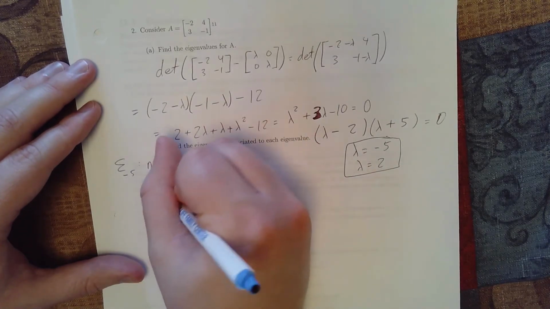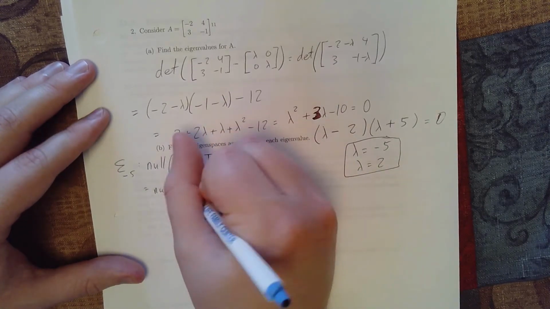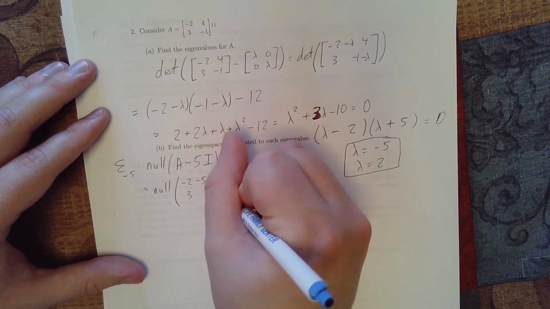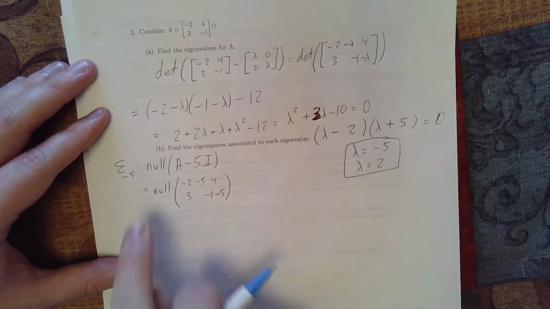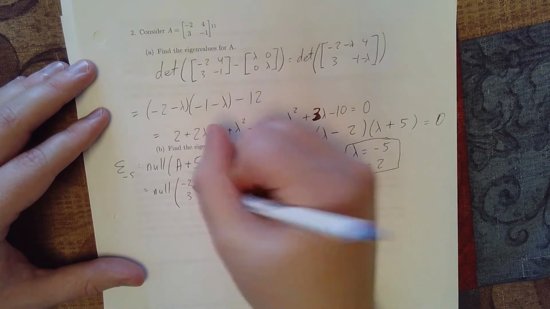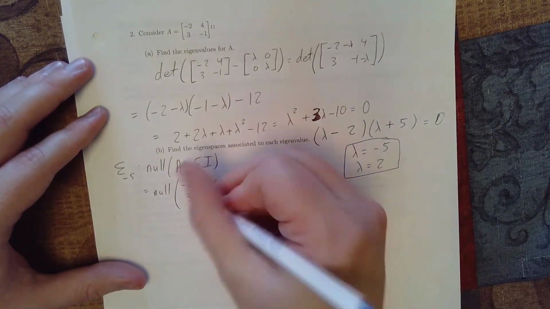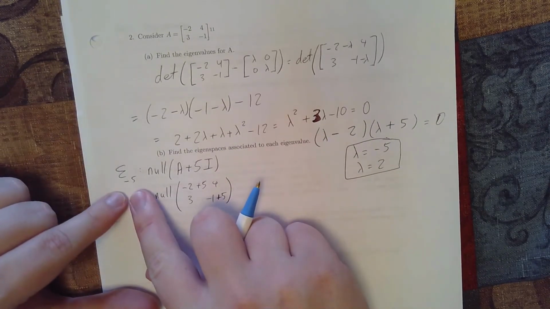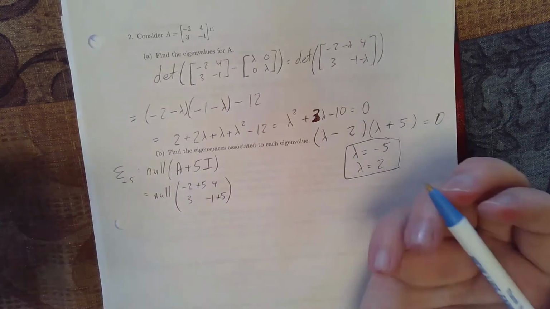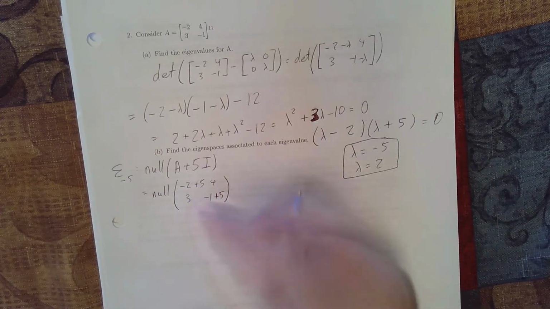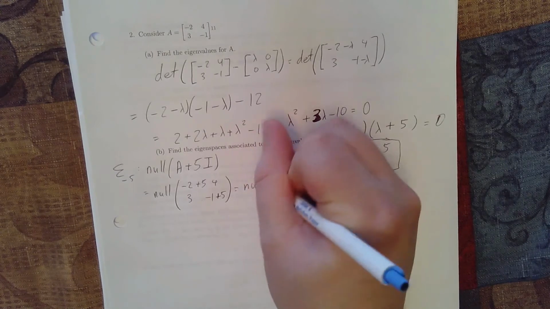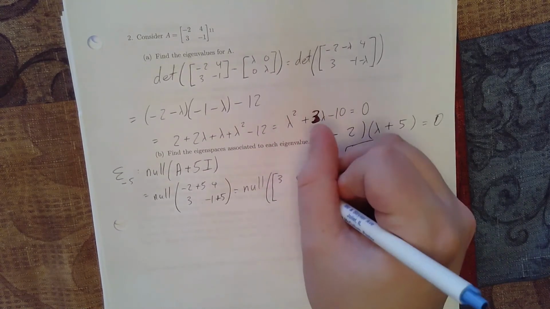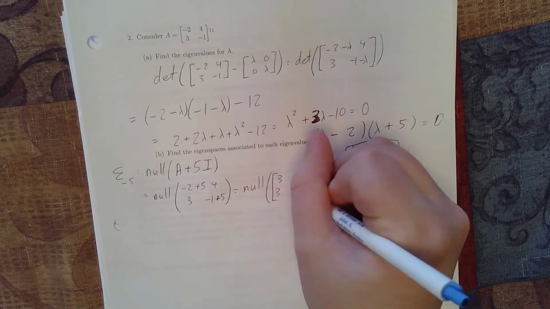Since it's a negative lambda, it'll be A plus 5I. So we add those, and we get the null space of the matrix 3, 4, 3, 4.